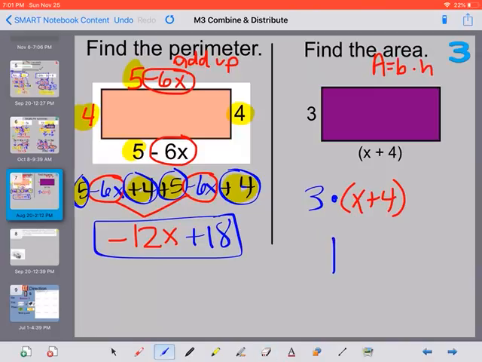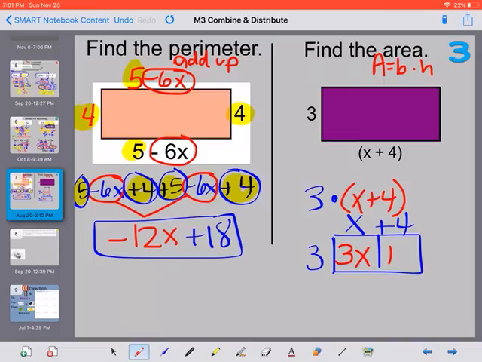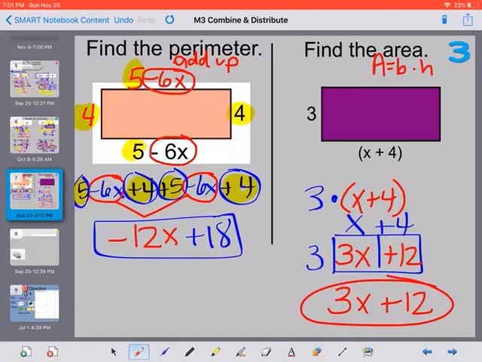So we really have to draw a box to help us multiply. 3 times x plus 4. 3 times x is 3x. 3 times 4 is 12. So our answer is 3x plus 12. If you wrote it like this, x plus 4 times 3, like base times height, that's fine.